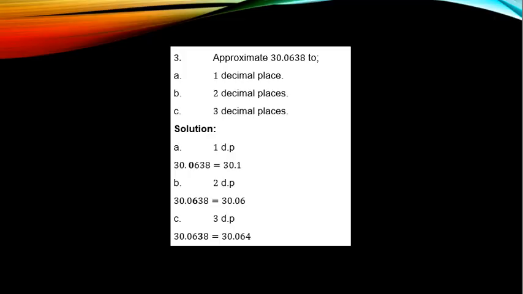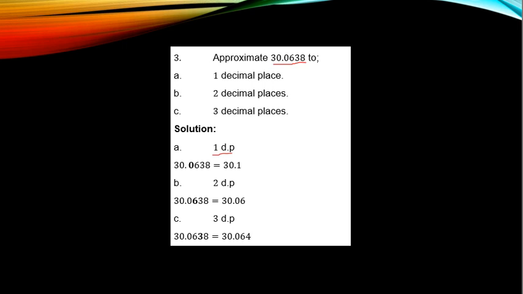Example 3. Approximate 30.0638 to A, 1 decimal place, B, 2 decimal places, C, 3 decimal places. So 1 DP. From the note, we said that 1 decimal place starts after the point.